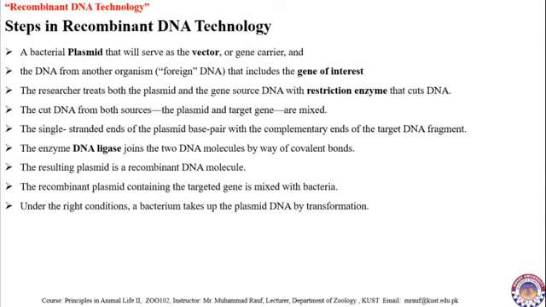Then the recombinant plasmid is introduced into the bacterial cell through a process called transformation, and then the bacterial cells are selected for whether they have the recombinant plasmid or not, and for this purpose the selectable marker which is used is usually an antibiotic resistance gene which is present in the plasmid.